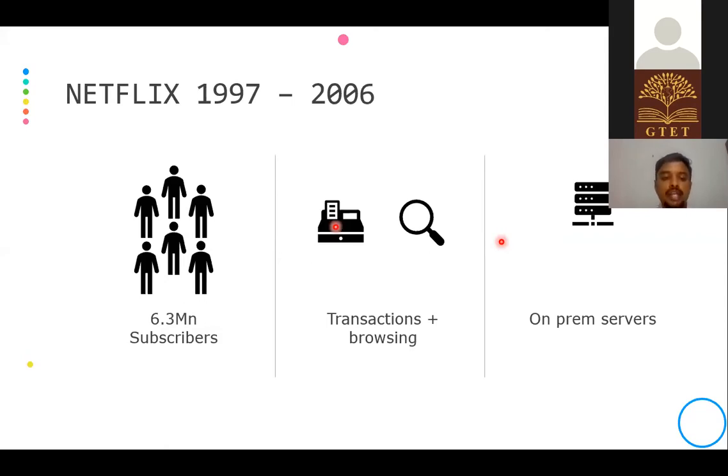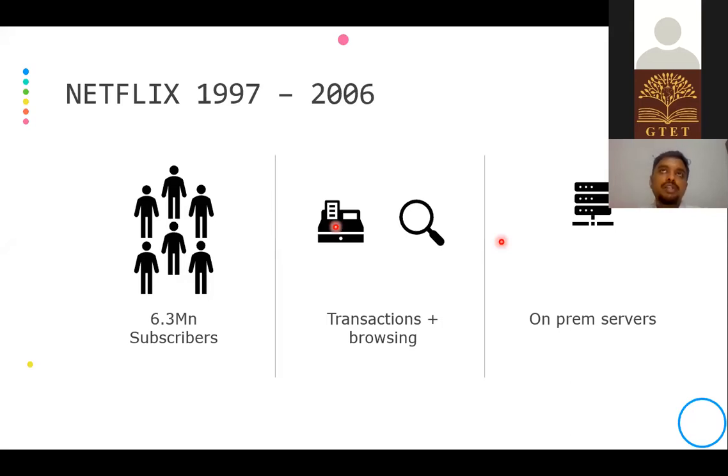And the majority of the activity on their website was customers browsing for the DVDs they want to rent, and the transactions recording a customer renting a DVD, right? At the end of the day, it is textual information, it is numbers. It's something like a Word document.